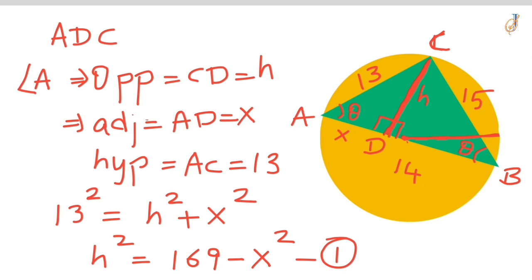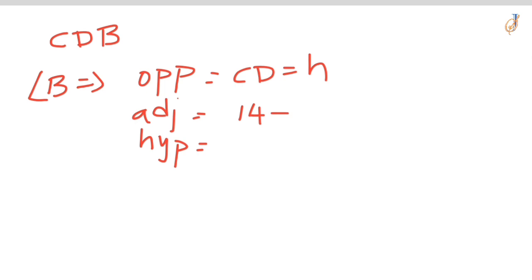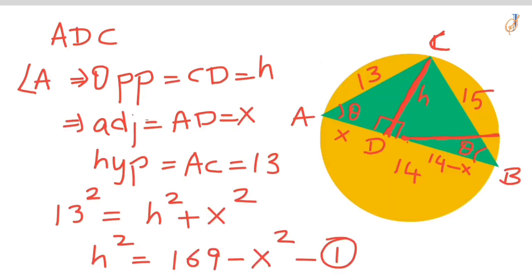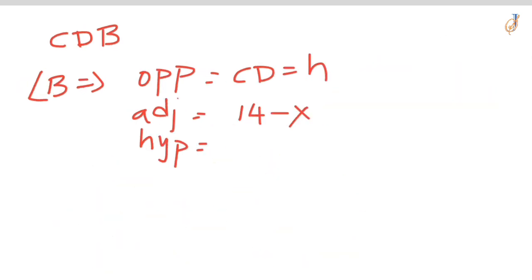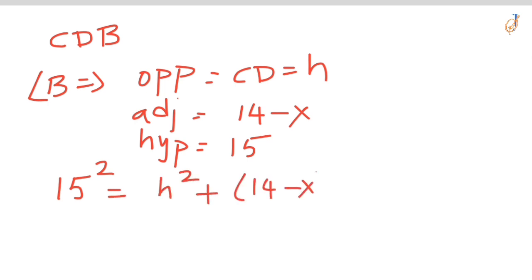So the DB length is 14 minus X, and then the hypotenuse is BC, which is nothing but 15. So it is also a right angle triangle, so we can use the Pythagorean theorem here also. So that is hypotenuse square equal to opposite square plus adjacent square. So here we have H square and here we have X square. All the terms are in one variable, that is easy to solve.